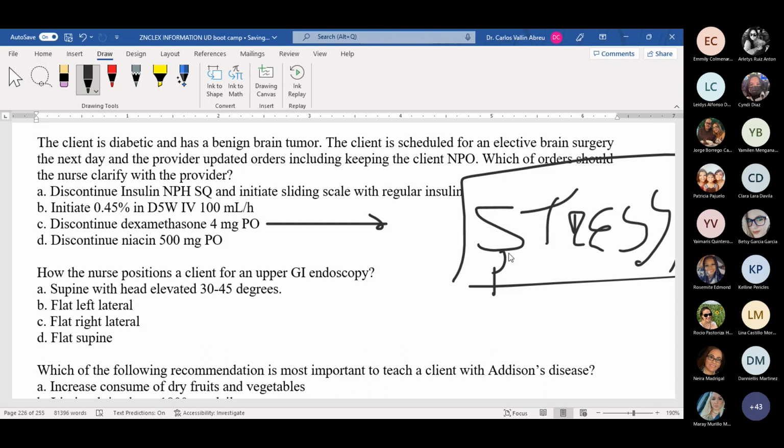And doctors and nurses need to anticipate that this must be mimicked to protect the client from developing adrenal insufficiency. So the dose of glucocorticoids usually is increased in patients going to surgery.